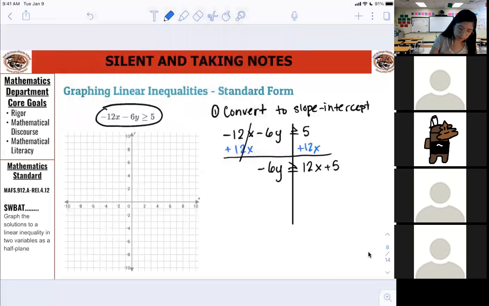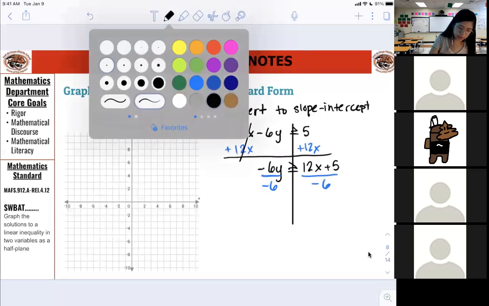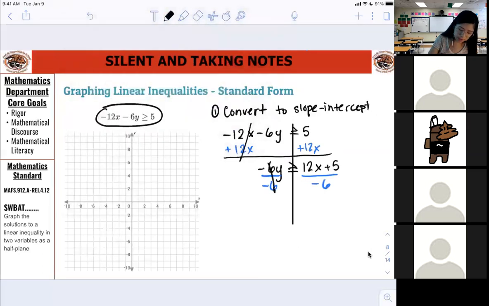Divide. And I'm dividing by negative 6. So just like in the previous problem, this now becomes y is less than or equal to. And then what do I get over here? So I have 12 divided by negative 6.